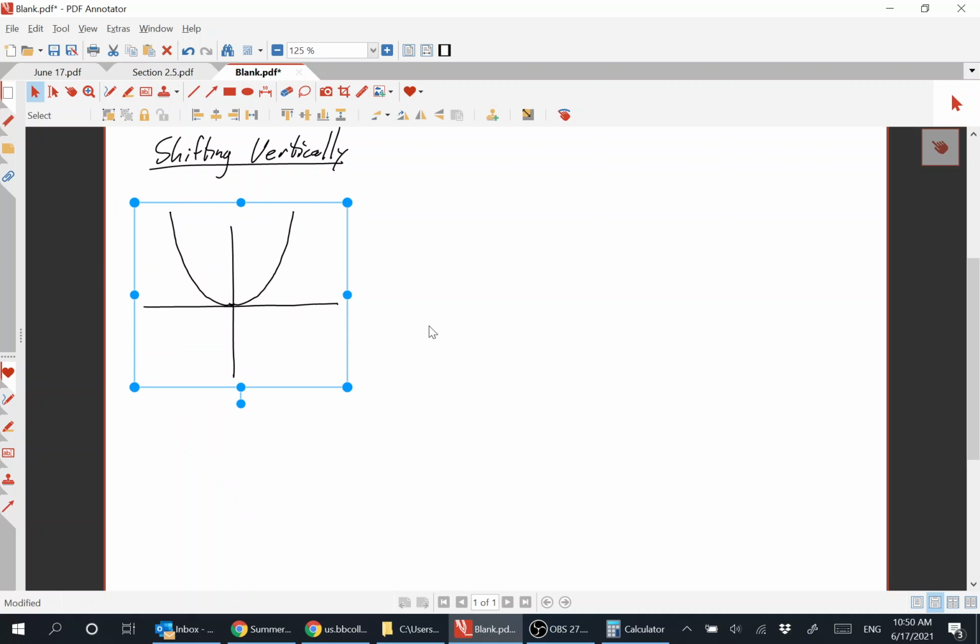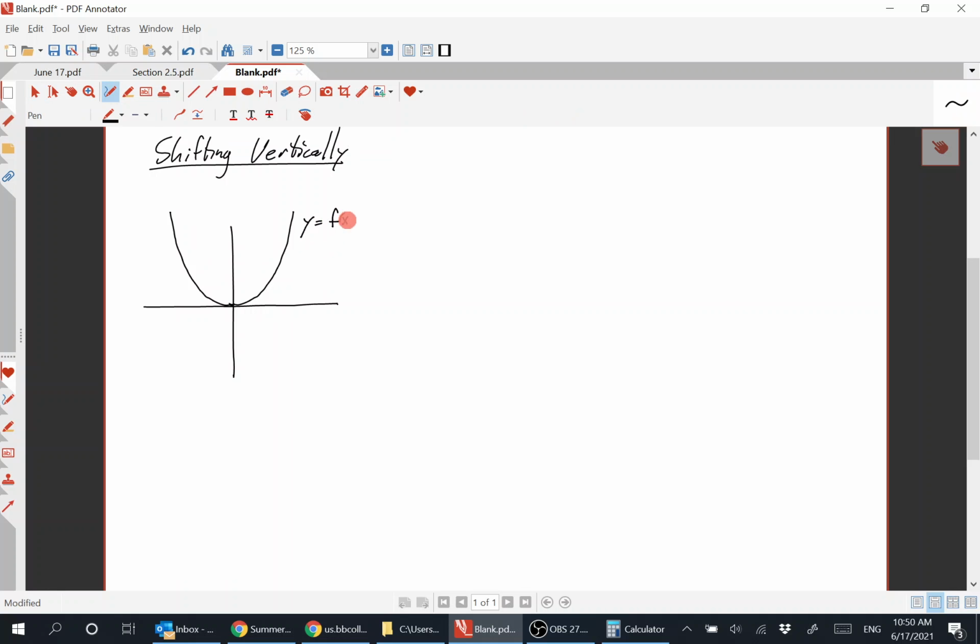So here is the graph y equals f of x. Here's the x-axis, here's the y-axis.